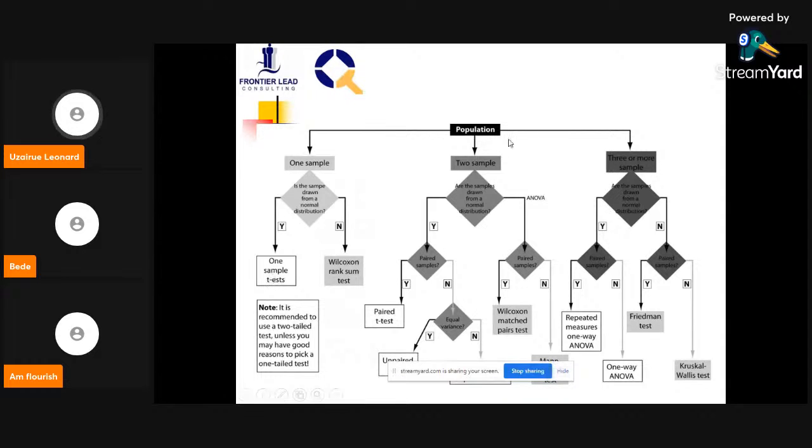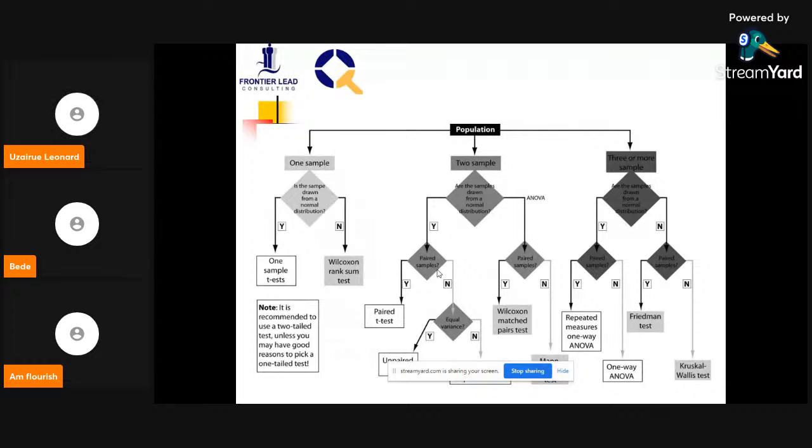Then if it's a two sample t-test, the question you also ask yourself is, is it normally distributed? If it's normally distributed, yes. Now, is it a paired sample? When we say paired sample, let's use your 2 hours postprandial test, for example. Let's say you have 20 patients, pregnant women.